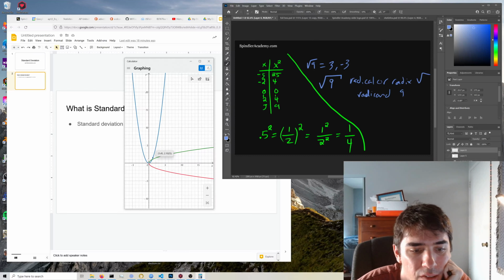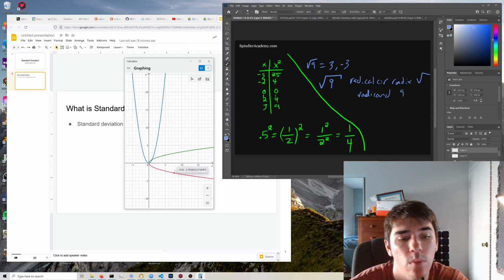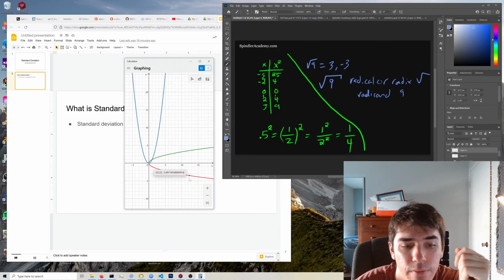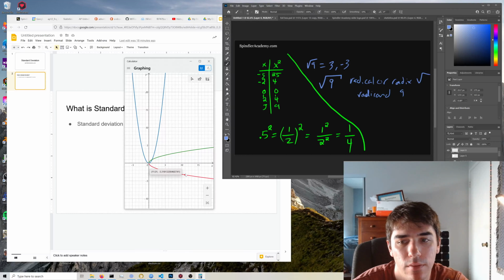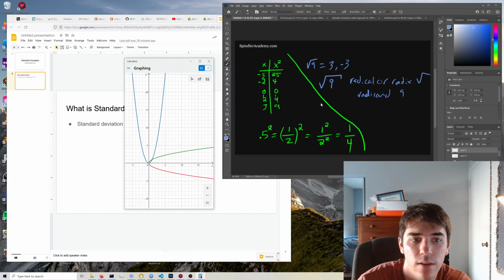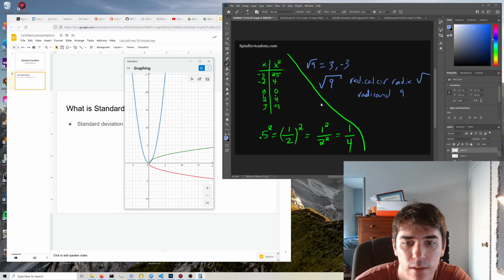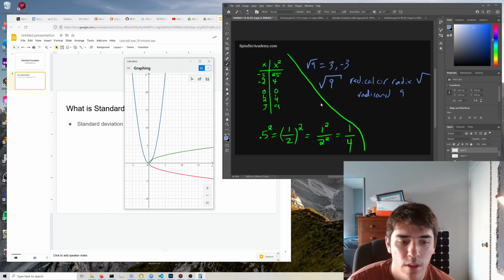The blue in this case is the squared function, and the green and the red are the square root function, where sometimes there are negative values, so you just have to be aware that two negative numbers can be multiplied together to get a positive number.